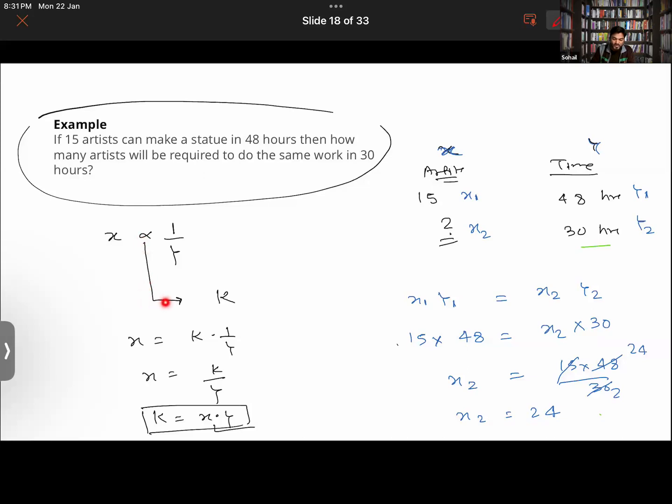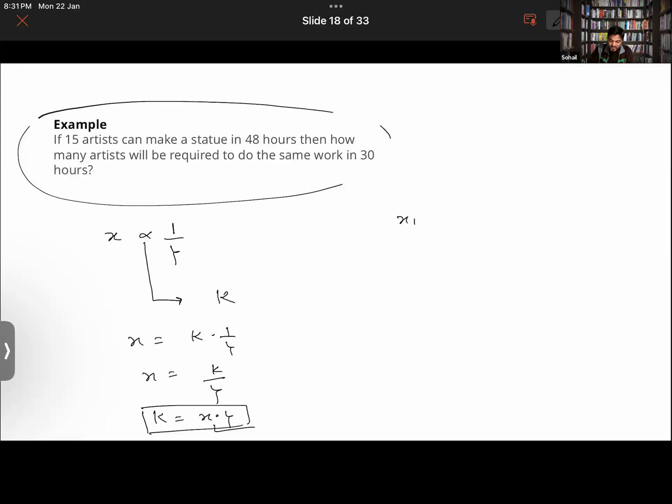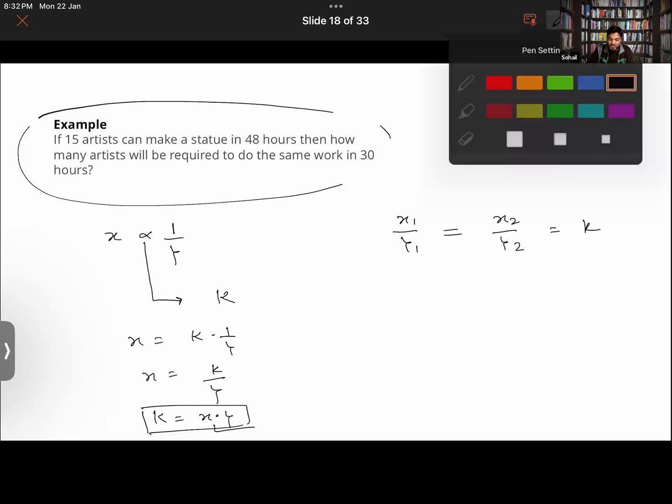When you remove this sign of proportionality with k, you are having x equals k upon y like this. So k, I can write as x into y. And when you have two different ratios, like x1, y1, x2, y2, earlier in direct proportion you were equating and writing it as equal to k.